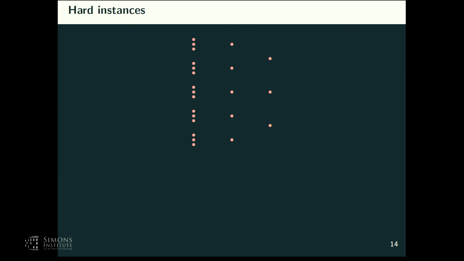The hard instance of our reduction will be a tripartite graph consisting of 3 parts. The middle column will be the vertices we mainly consider, corresponding to the vertex v in the last picture. The middle column will have n to the 1 minus epsilon vertices, and the right column will have much fewer vertices, n to the epsilon.